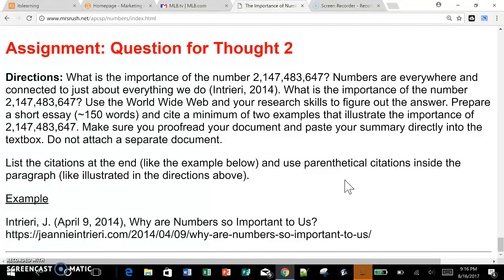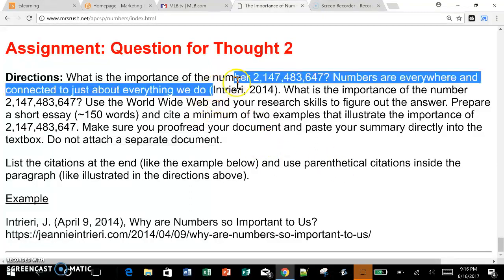You must also use parenthetical citation, which means you're either adding a quote where you've directly taken something from the article word for word and you put quotation marks around it, at the end of the quotation you've got to put the author's last name and then the year the article was published. You will notice in my directions that I have a parenthetical citation. It's right here.